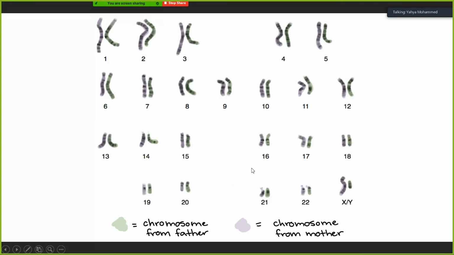Each of these, like number 15, was one of those wrapped up pieces of DNA that we saw. The chromosome from the father is highlighted in green, and the chromosome from the mother is highlighted in purple.